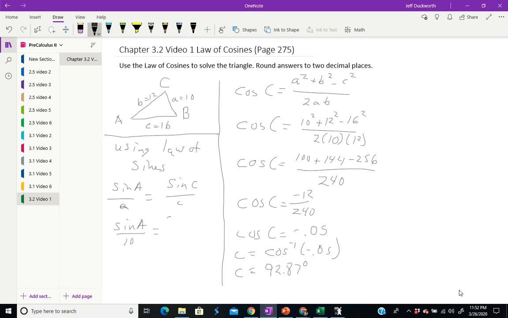So that's going to be sine of 92.87, which we should know what it is, but I'll write that in anyway. And C is 16.